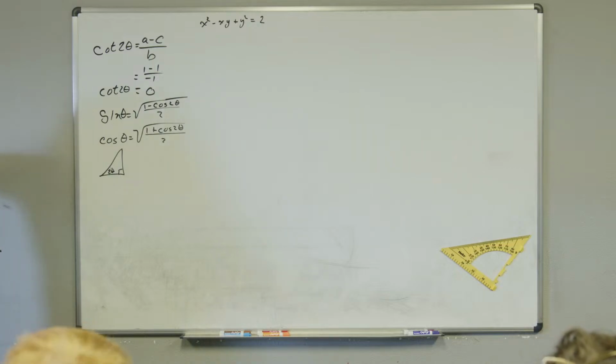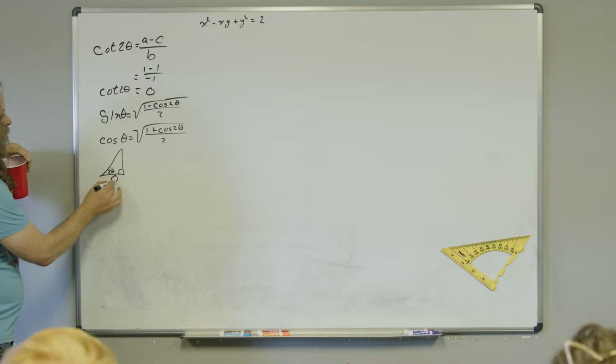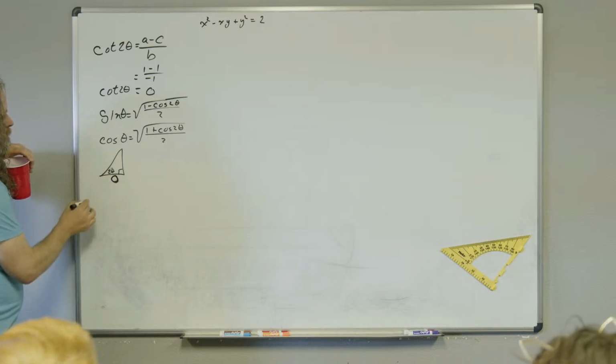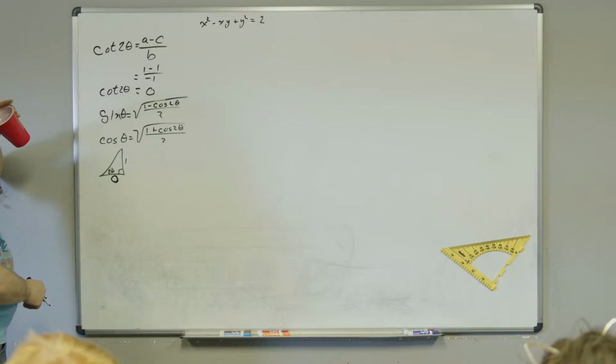Cotangent is adjacent over opposite. So is it 0 over 0 or is it 0 over -1? Just 1.